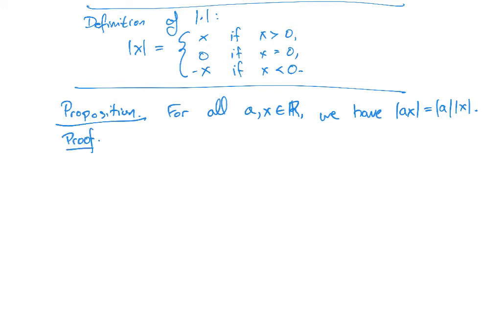So we're going to prove it. A priori, there are a lot of cases here, right? A could be positive, 0, or negative, and X could be positive, 0, or negative. So it's 3 possibilities for each, so you'd have 9 cases.